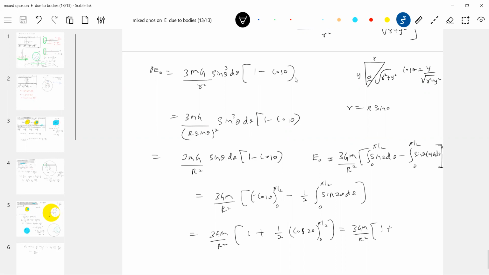Anybody, value of this limit? Okay, I'll solve it. Cos pi minus cos 0, minus 2. We are getting total 0. Where did I change it? Calculation, everything correct.